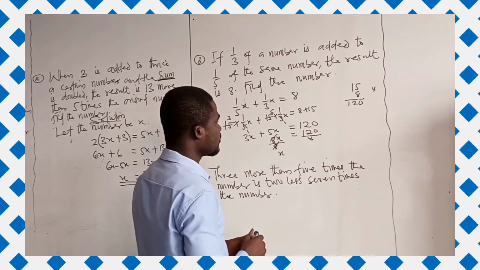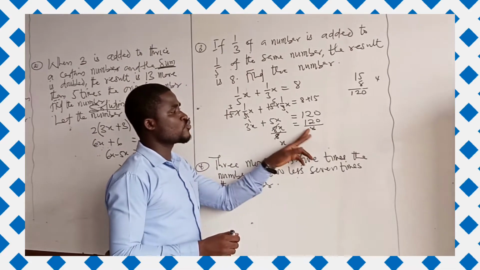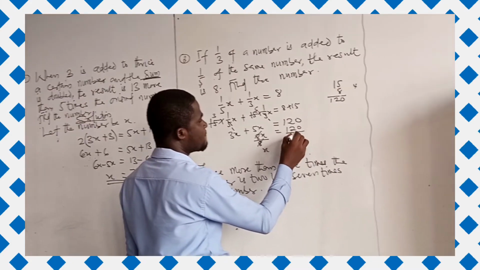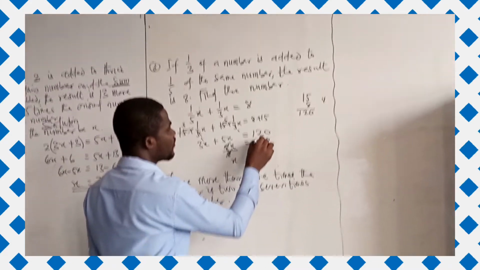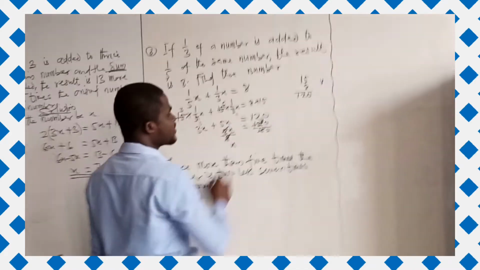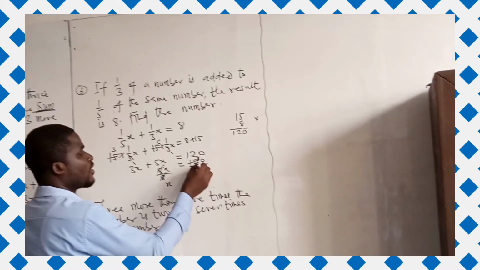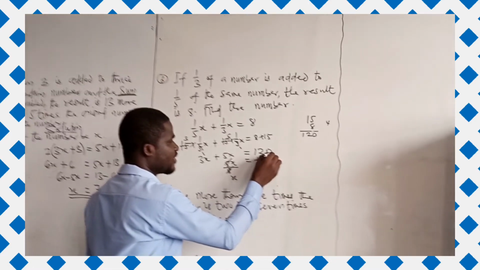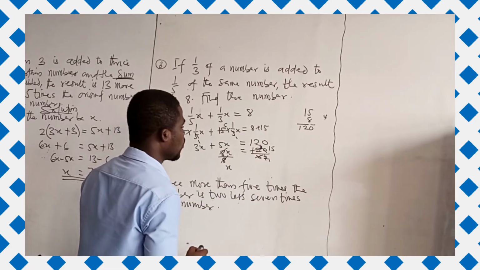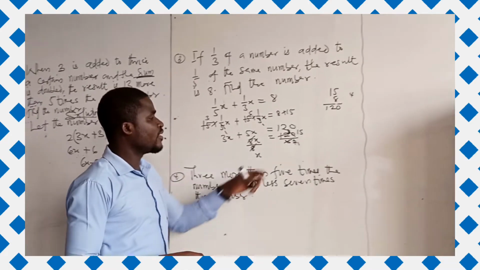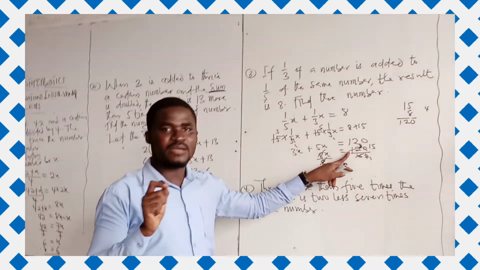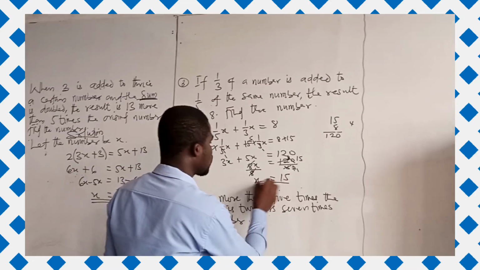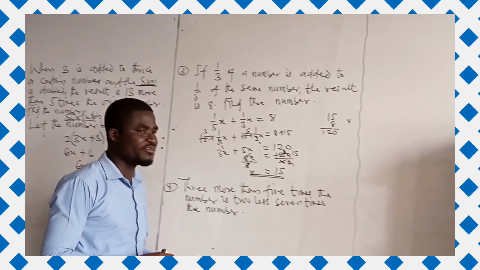Now let's cancel. 8 goes into 8 once, and 8 goes into 120, 15 times. So the number is 15.